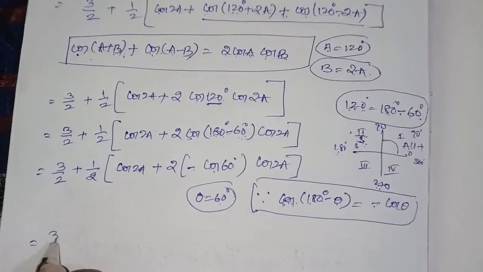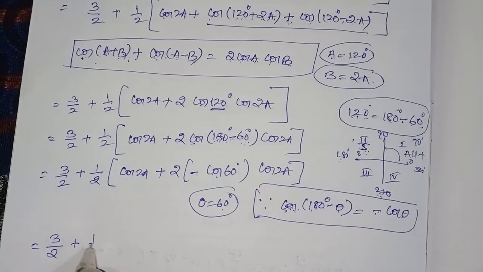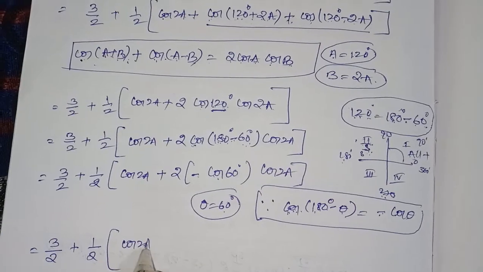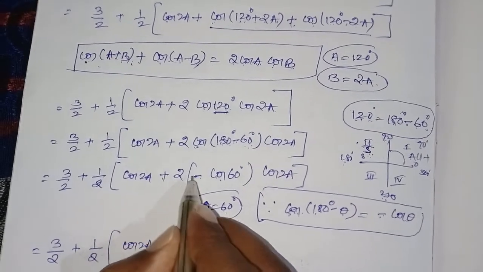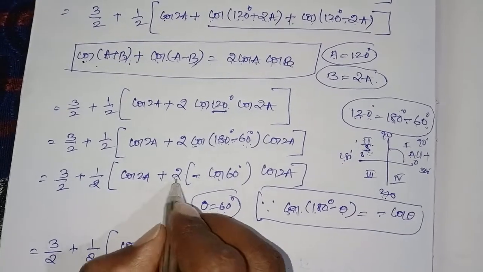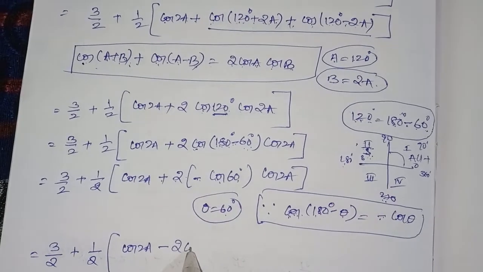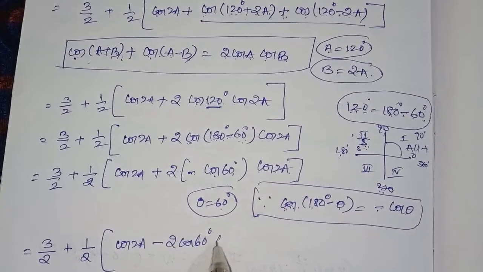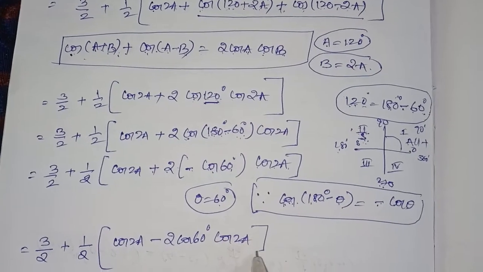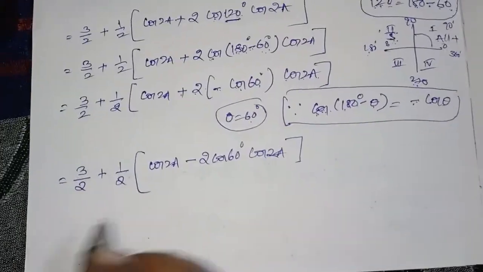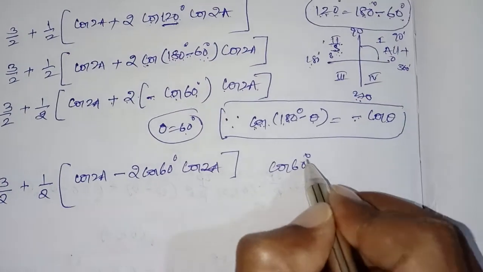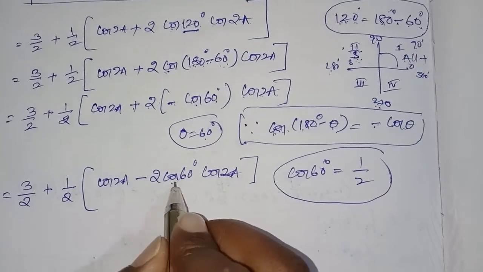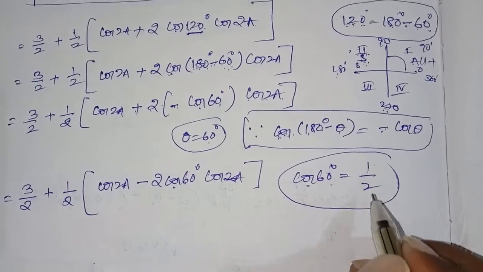That is equal to 3/2 plus 1/2 whole into cos 2a plus, into minus 2 into cos 60 degrees into cos 2a. We know that cos 60 degrees is equal to 1/2. So substitute cos 60 equal to 1/2.